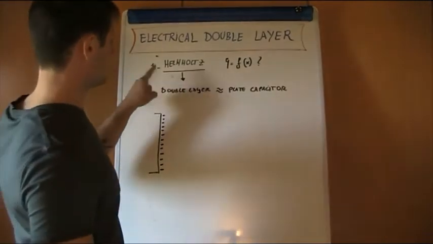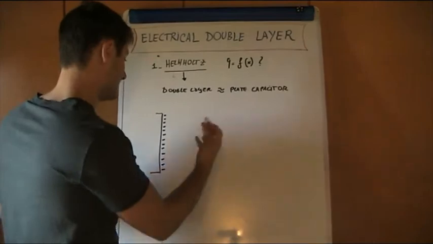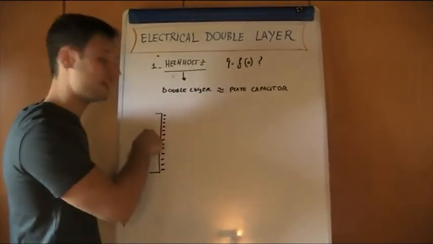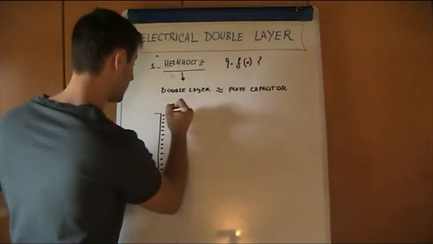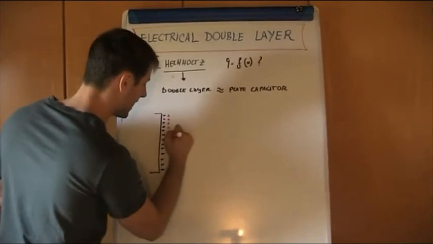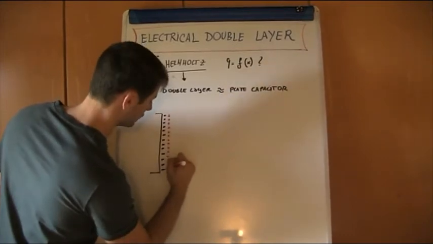Since the Helmholtz model describes the double layer as a plate capacitor, we are imagining that after the movement of cations due to the electric field created by this excess, all the positive cations, and so all the positive charge, is bound and completely localized in a single monolayer.